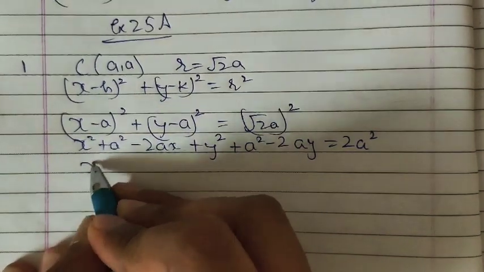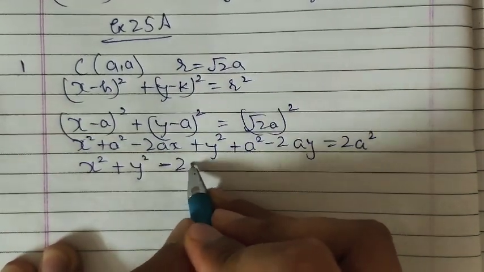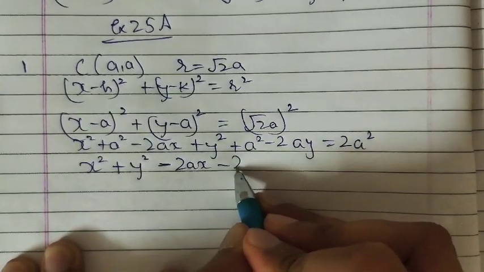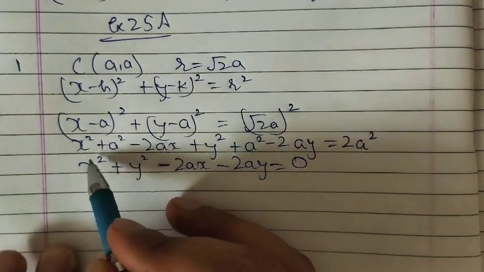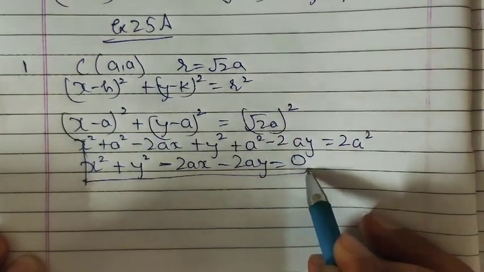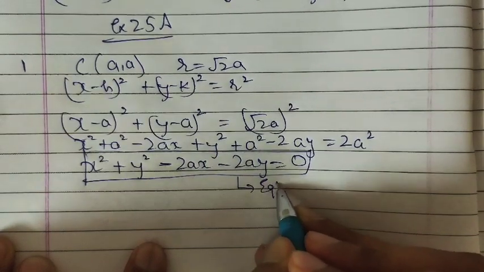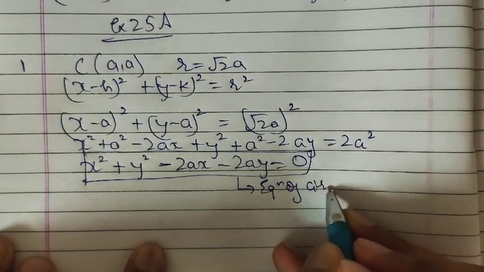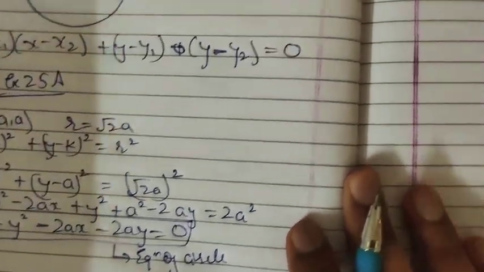So we have x square plus y square minus 2ax minus 2ay is equal to 0. This is the required equation of the circle, and this is our answer to question number first.